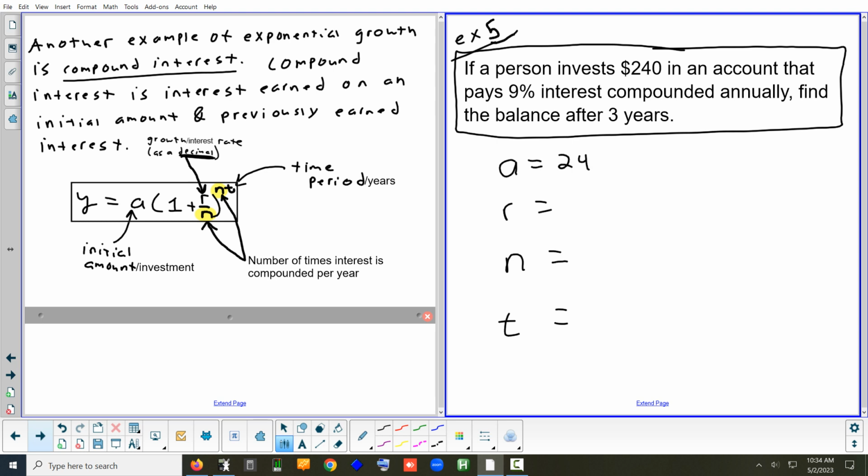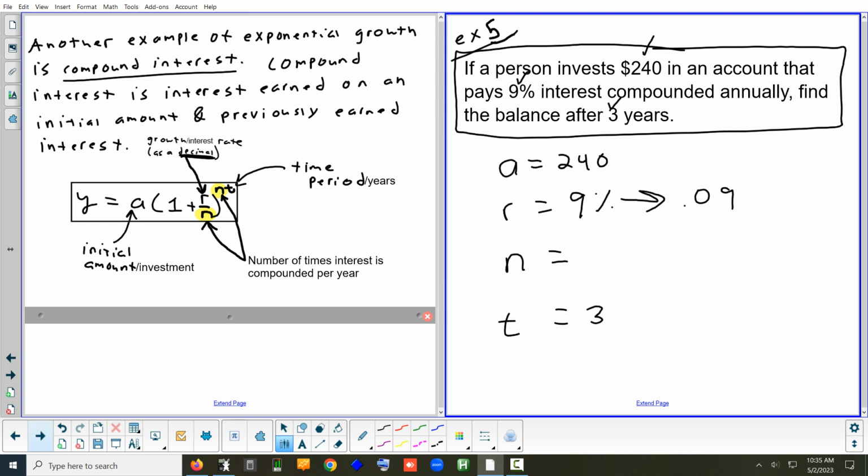That's the amount of money that we've invested. We can put a check mark so we remember that we used it. How about R? Yeah? 9%. But when we write it as a decimal, we get 0.09. Perfect. Let's jump to T. Does anybody see how many years they want us to do this for? 3 years. 3 years. So we use the 240, the 9, and the 3.